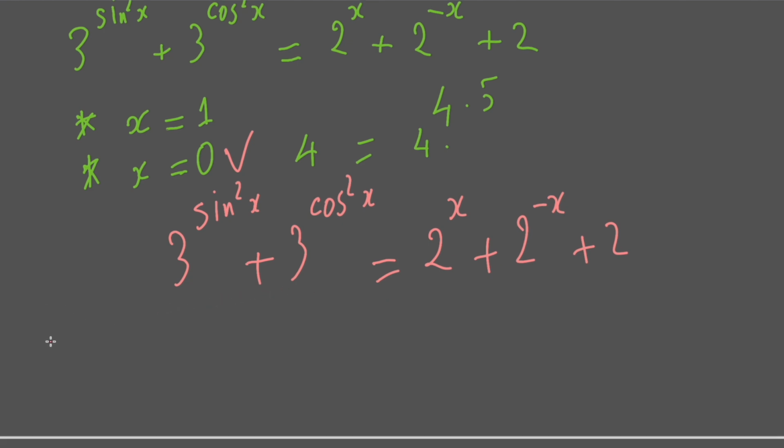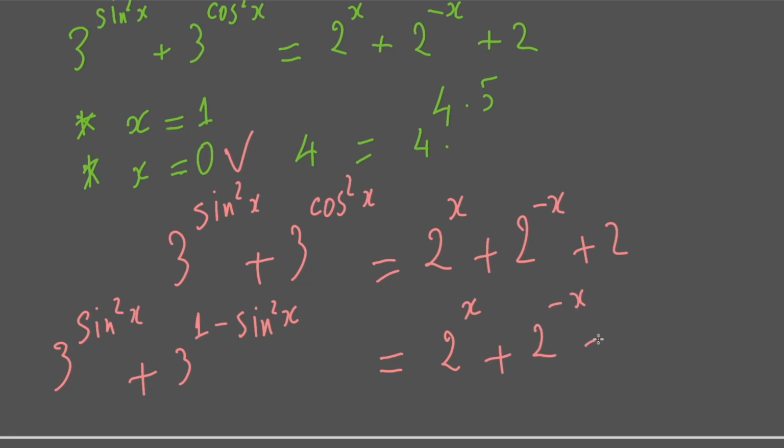On the left hand side, it would be equal to 3 power of sine square x plus 3 power of 1 minus sine square x, because sine square x plus cosine square x equal to 1. Then on the right hand side, we just have this minus 2 plus 4.